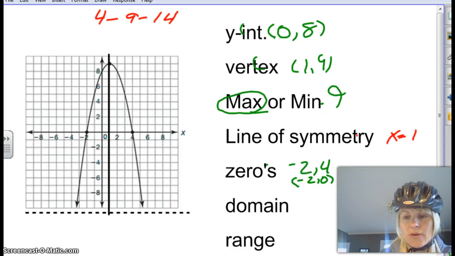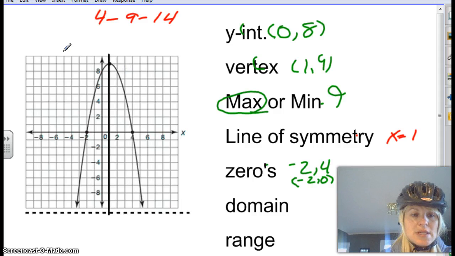Okay, now this is where we have a hard time, and that's the domain and range. Okay, the domain is going to be quite similar to our exponential functions. The domain is the x values, right? So the direction of the x goes to the left and to the right.